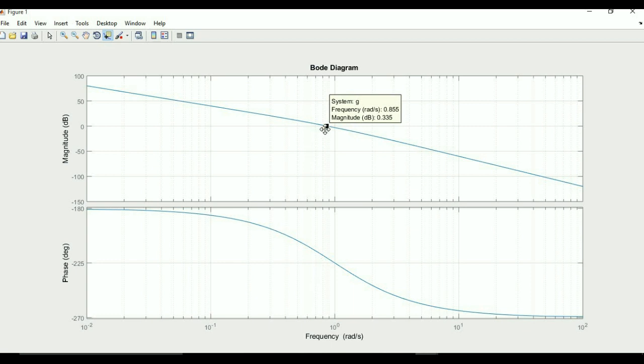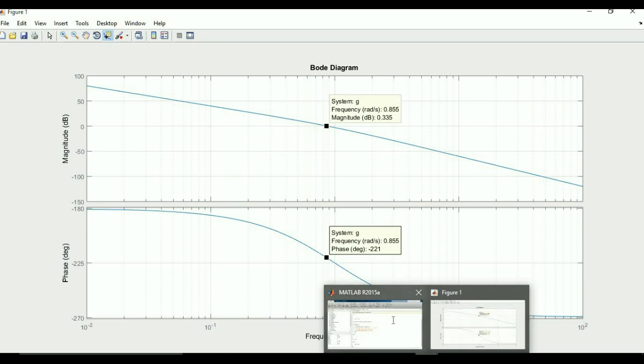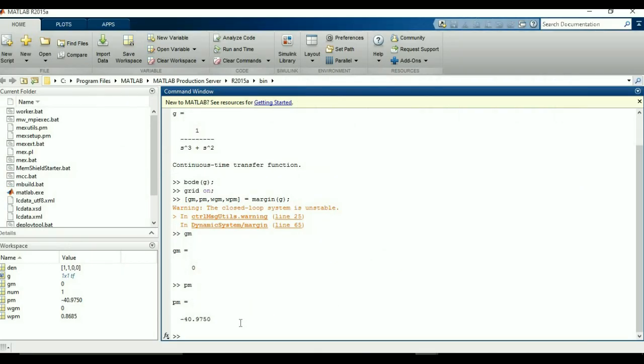Now look at the phase response. Here the phase is minus 221 degrees. If you add 180 degrees, you will get minus 41 degrees. So it is very near to this phase margin. In this way you can find the gain and phase margin.